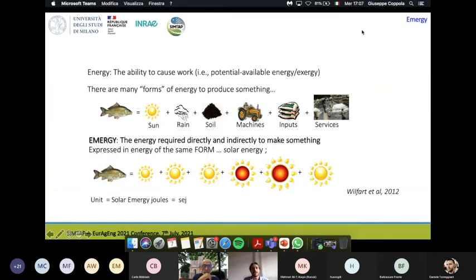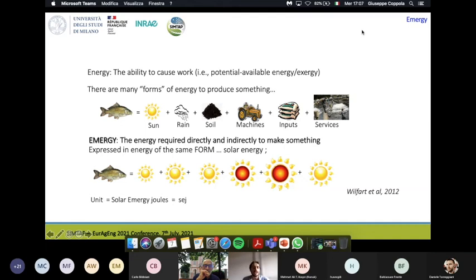Finally, the energy accounting analysis. The energy accounting analysis can be seen as an integration of the life cycle assessment in the environmental dimension, because it allows to estimate the consumption of biomass resources of the system expressed in the form of solar energy.